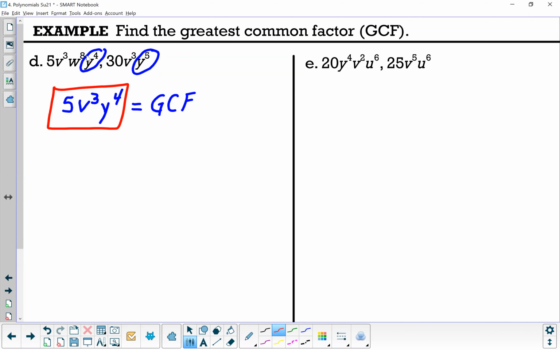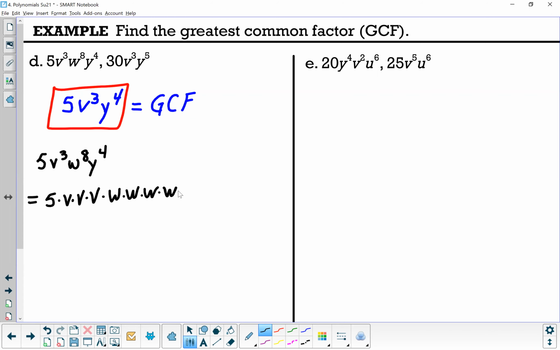All right, just to convince ourselves, why don't we do the prime factorization for this one, just to confirm. Starting with 5v cubed w to the 8th y to the 4th, the prime factorization gives you 5 times v times v times v times w 8 times. 1, 2, 3, 4, 5, 6, 7, oh, I got them all.